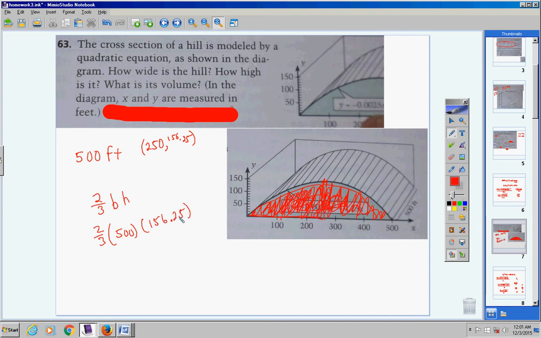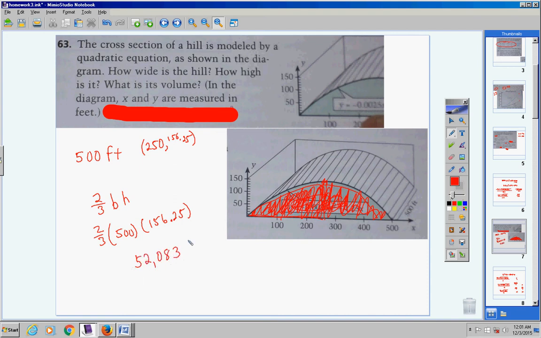Alright, so here we go. I'm going to take 500 times 156.25, enter, and then times 2/3. And I'm going to get 52,083 and a third. So I'm just going to put 52,083.